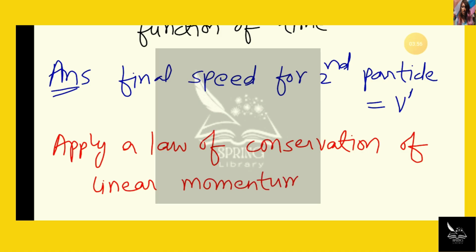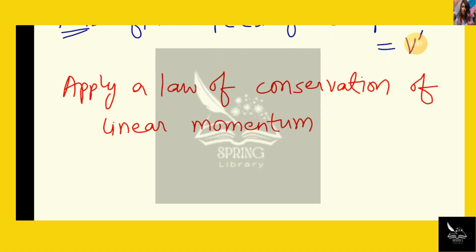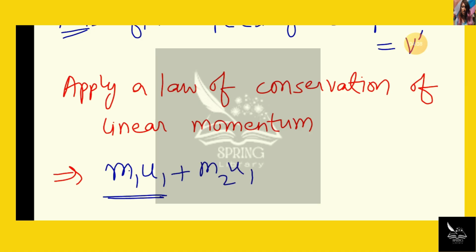The left side, the linear momentum before collision, is m1 u1 plus m2 u2, where m1 u1 is the linear momentum of the first particle at the initial position and m2 u2 is that of the second particle before collision.